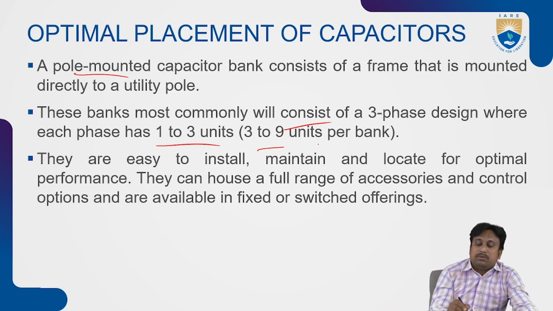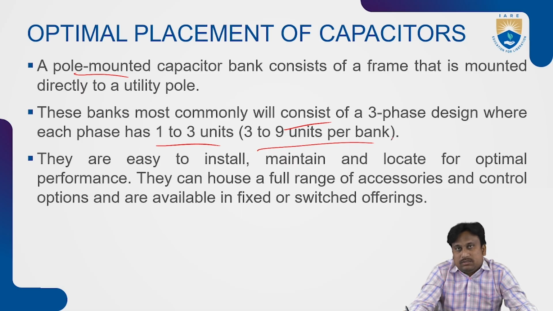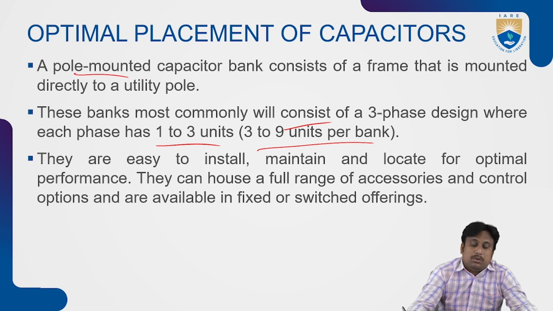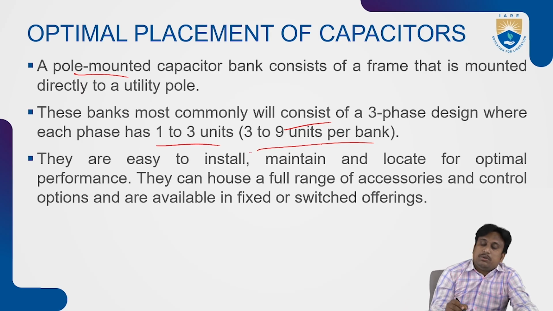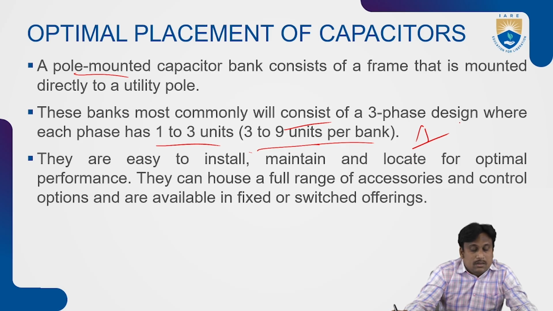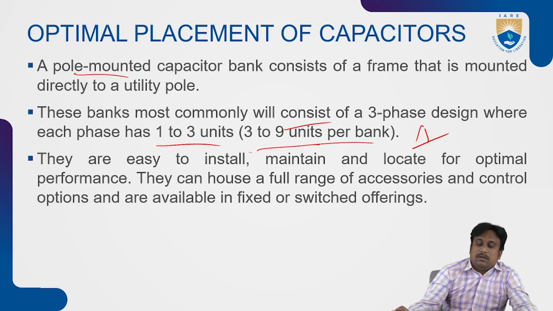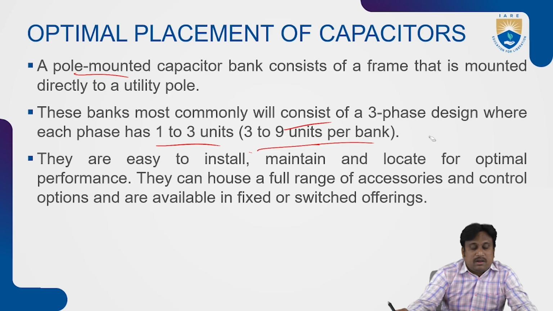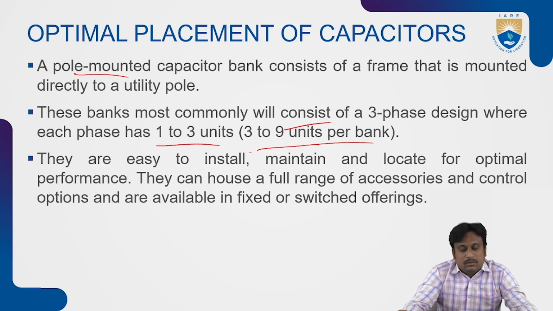That means 3 to 9 units per bank are constructed. These are very easy to install. They can be maintained and located for optimal performance, and they can easily house a full range of accessories.